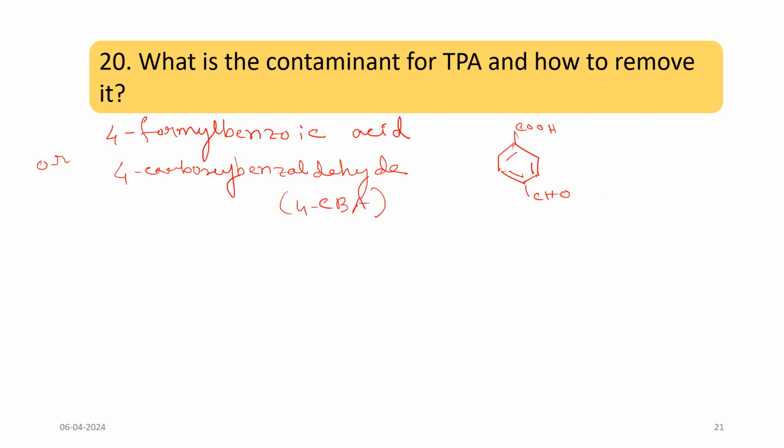It co-crystallizes with TPA and is an intermediary in the oxidation process. In the production of polyethylene terephthalate from terephthalic acid, this 4-CBA terminates the esterification chain, so it is necessary to purify at that step. Also, 4-CBA discolors the polymers, and that is why it needs to be eliminated from the TPA.